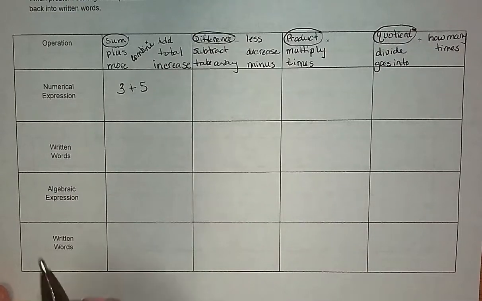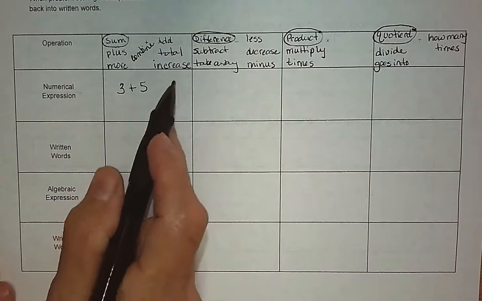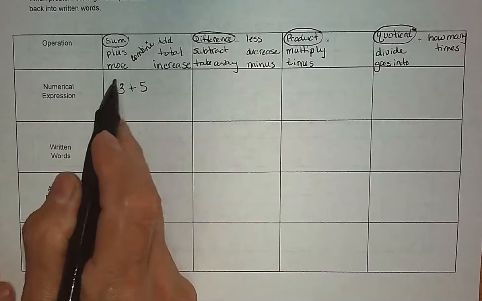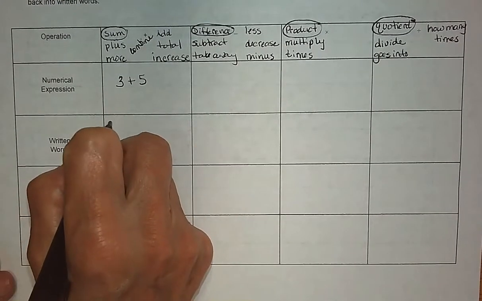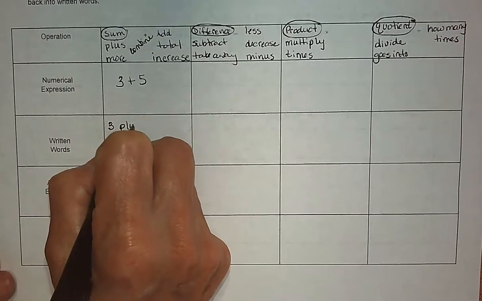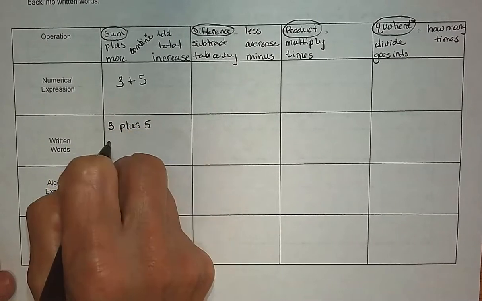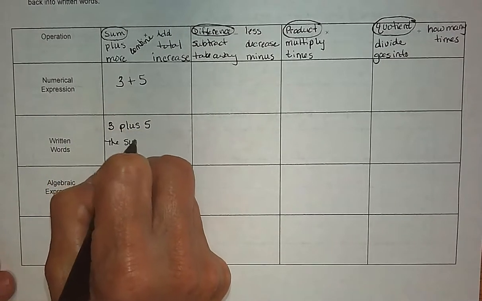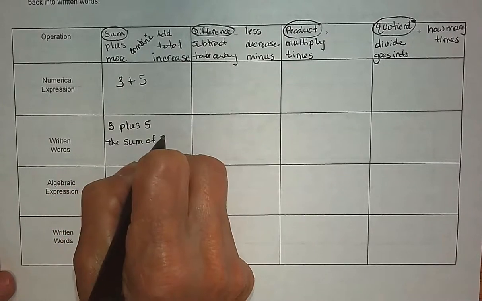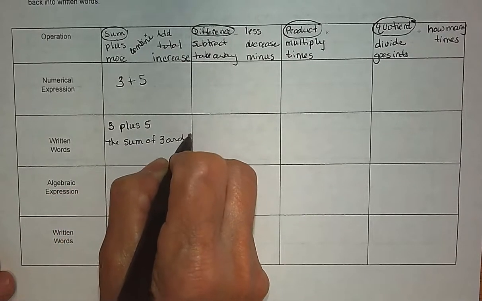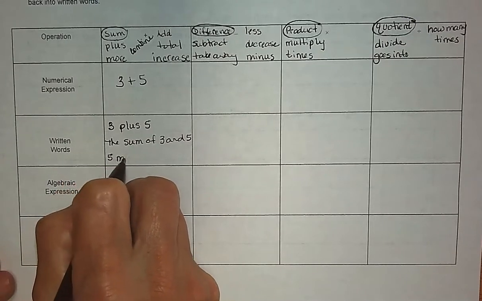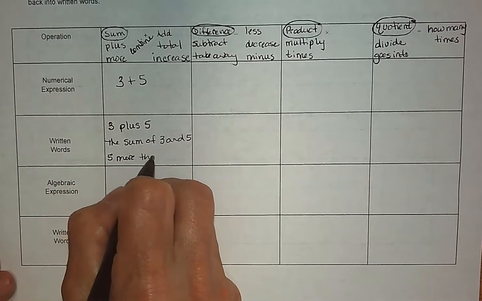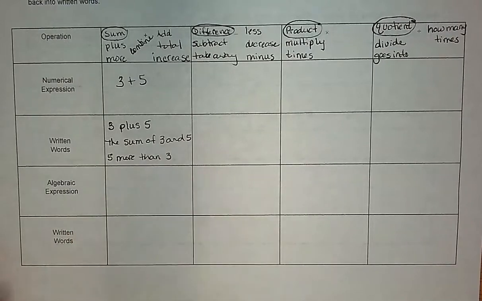Some written words that you might be able to use to describe this in English would be 3 plus 5, the sum of 3 and 5, or 5 more than 3. Those aren't the only options, but those will help get us started.